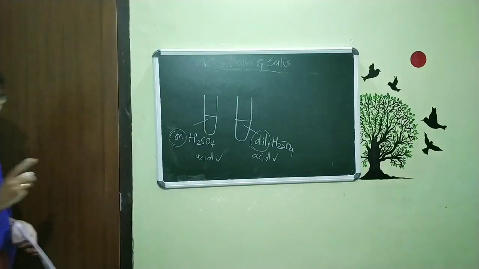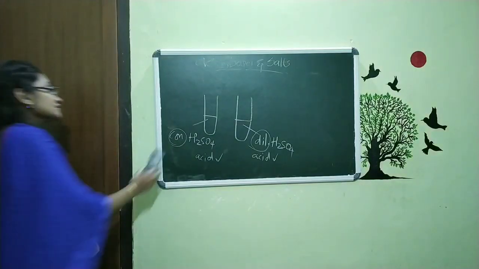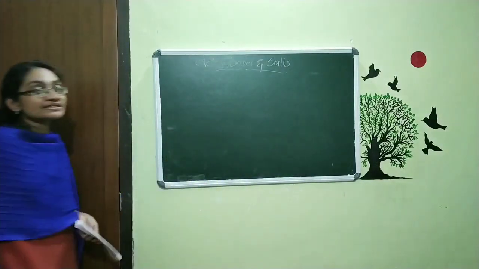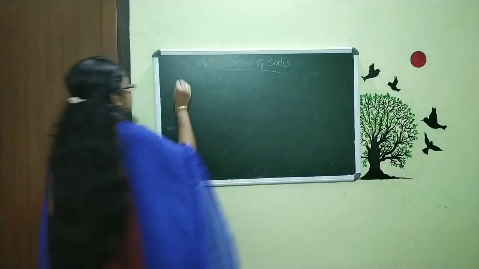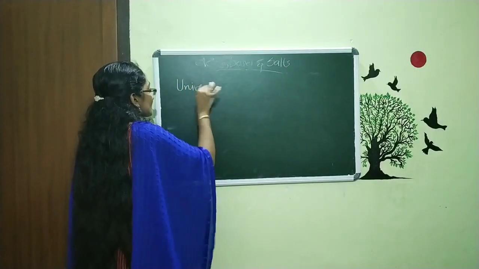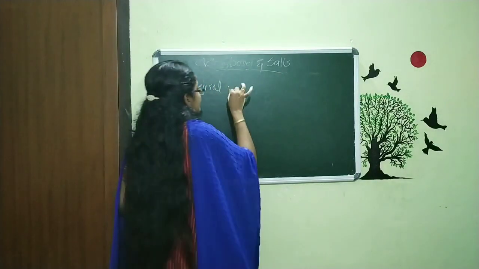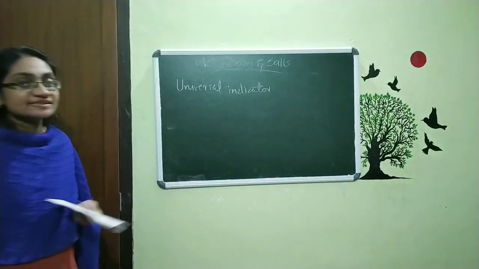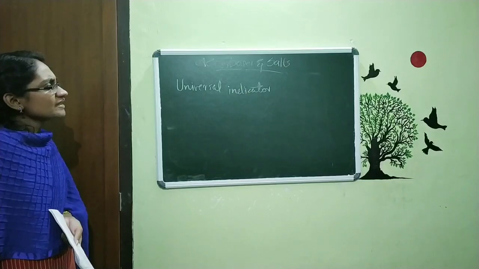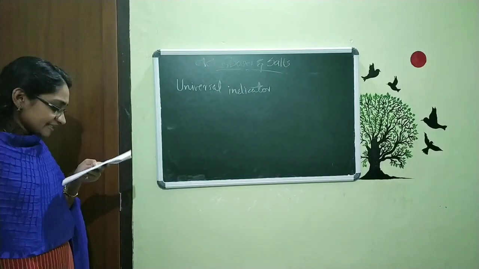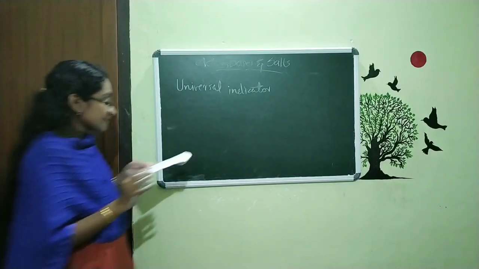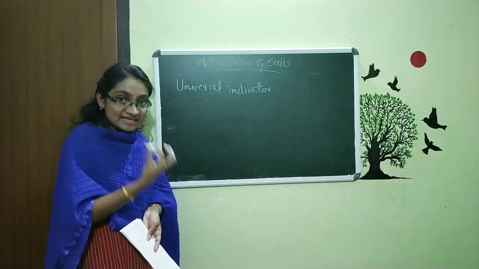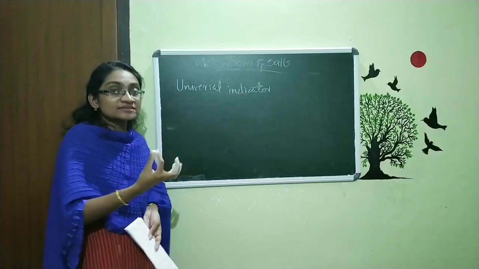So for that, we use another type of indicator, and that is the universal indicator. What is this universal indicator? This universal indicator helps us to identify how strong an acid is, or how strong a base is.